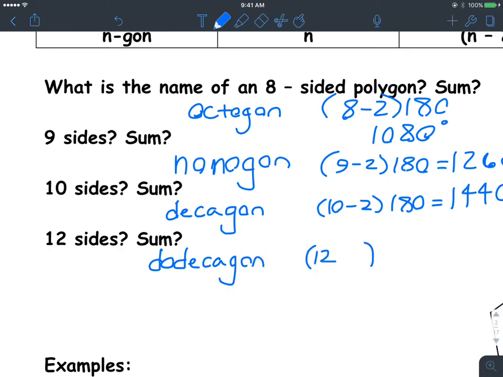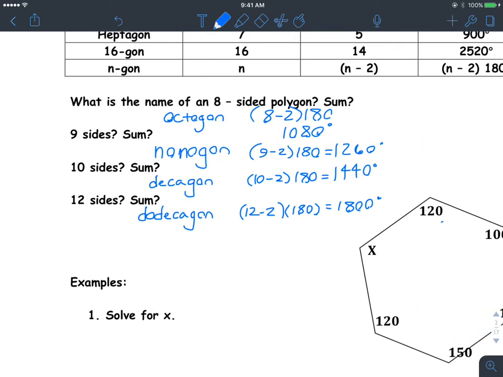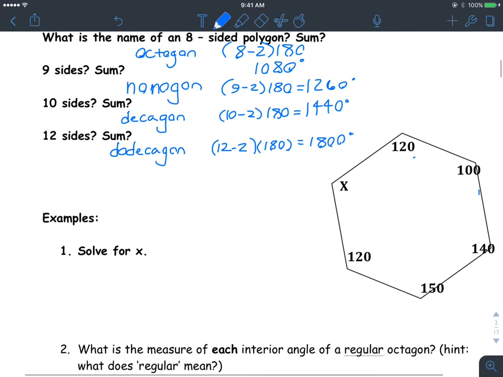That would be 12 minus 2 times 180, which is basically 10 times 180, which gets you 1800. I guess I should put degrees on all of those. So that's all you've got to really do there.